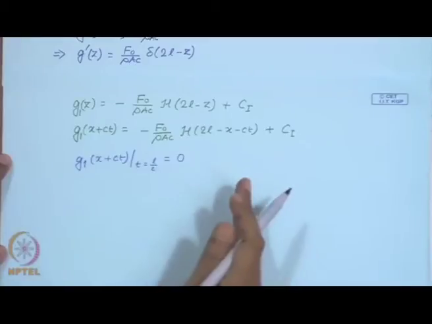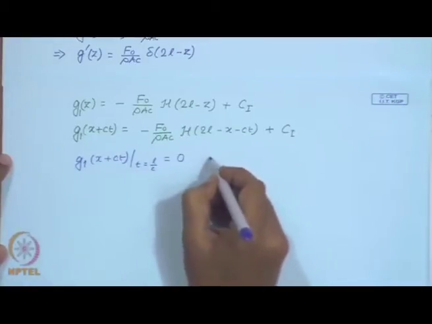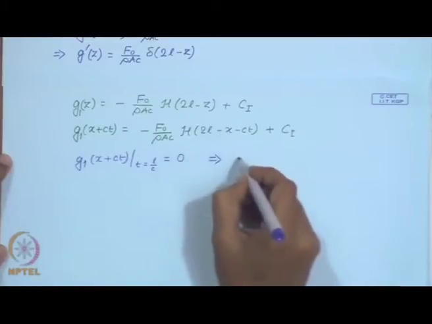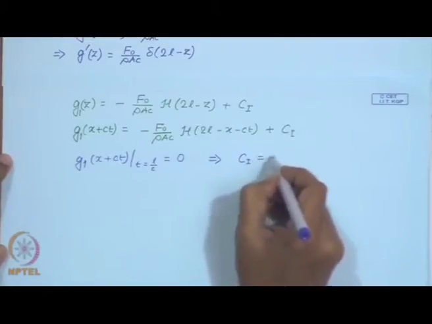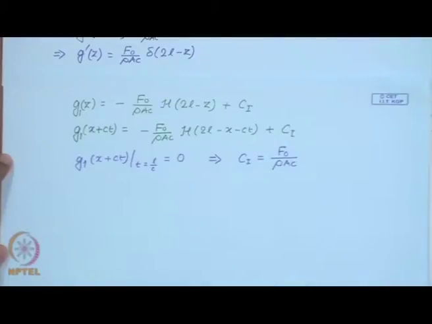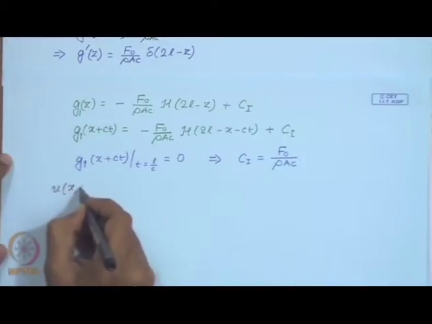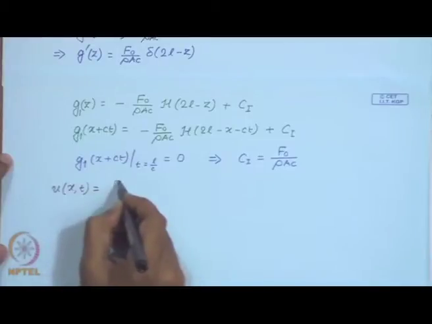The initial wave has just about reached the right boundary, and then you can substitute in this, and you can very easily see that you can solve for the integration constant, and then finally the solution.